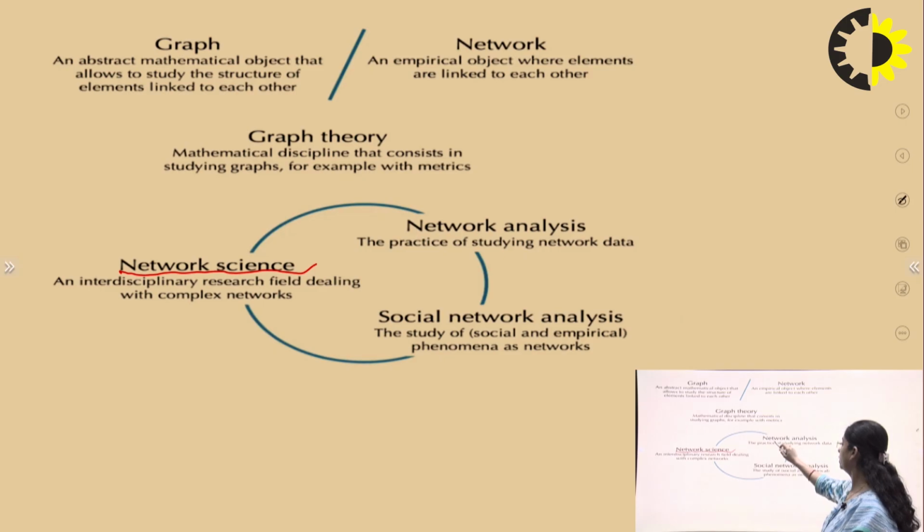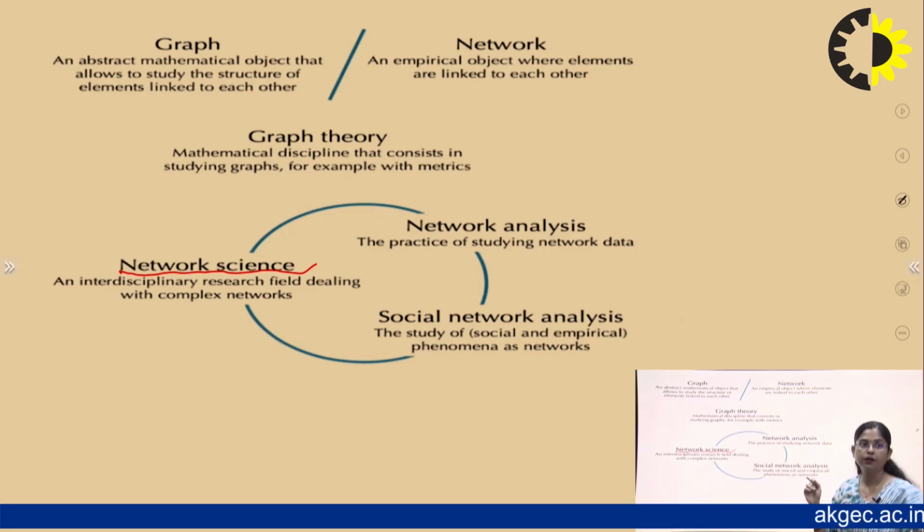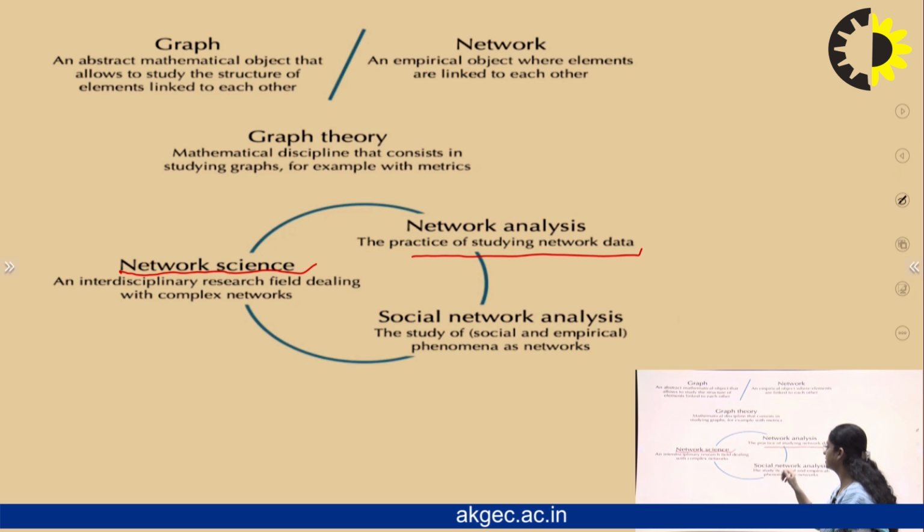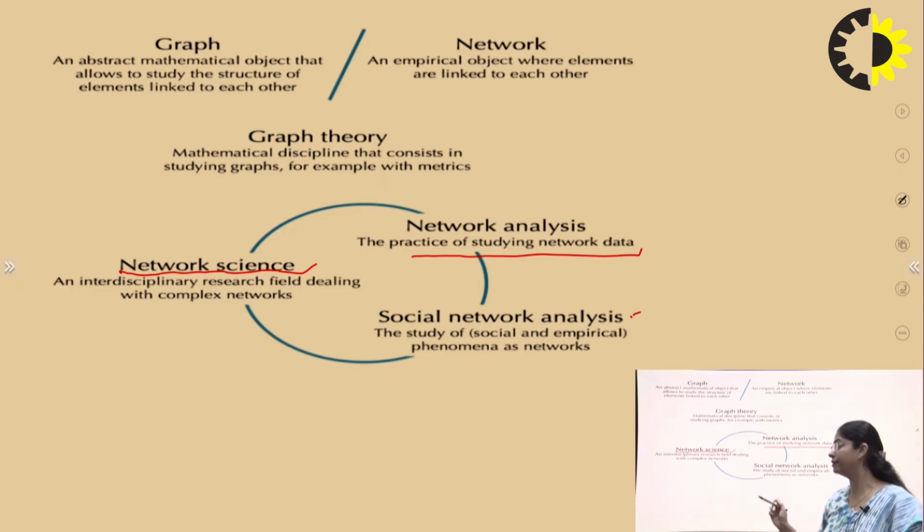Now, network analysis is a practice of studying network data. Using this concept, it leads to social network analysis, the study of social and empirical phenomena as networks. So this is social network analytics.